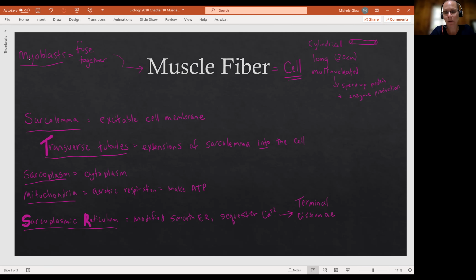A cistern holds water. So terminal cisternae is actually an enlarged part of the SR. SR, remember, means sarcoplasmic reticulum that holds calcium ion. So when we say the SR is going to sequester that calcium, where does it store it? It stores it in the terminal cisternae. So we'll talk about that.